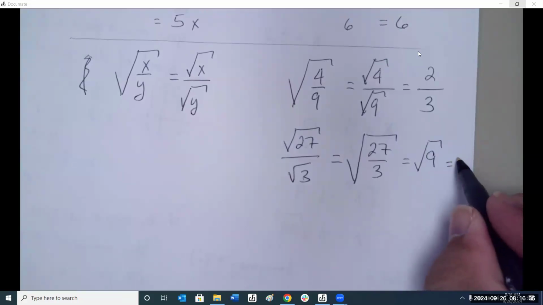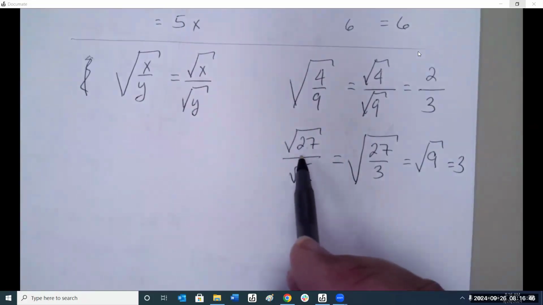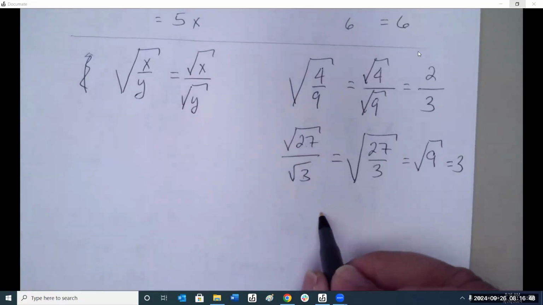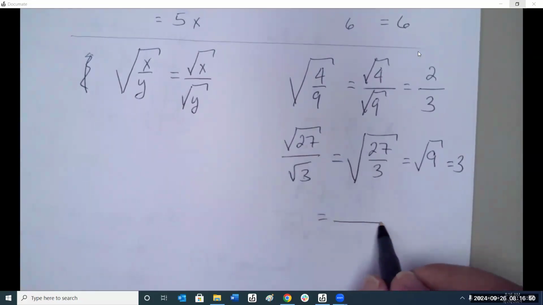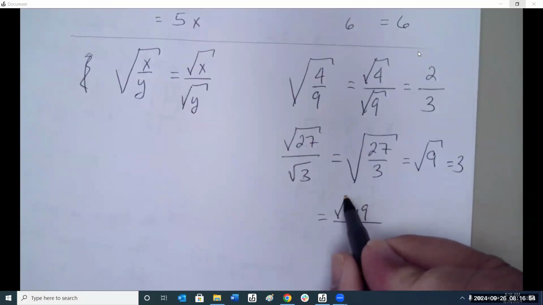Square root of 9 is 3. Or we could go back to the original formula. What's 27 made up of? 3 times 9.